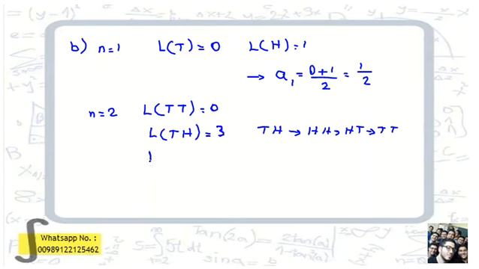So L of TH is 3. L of HT is 1 because we reached TT, and L of HH is 2, we change it to TT. A2 equals (3 plus 1, 4, plus 2, 6), 6 over 4.